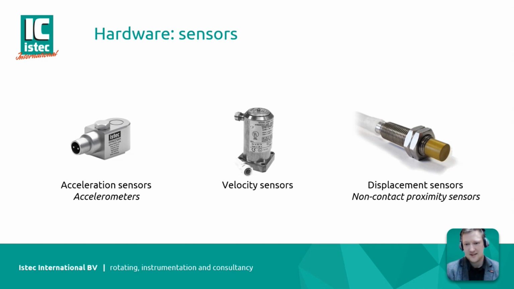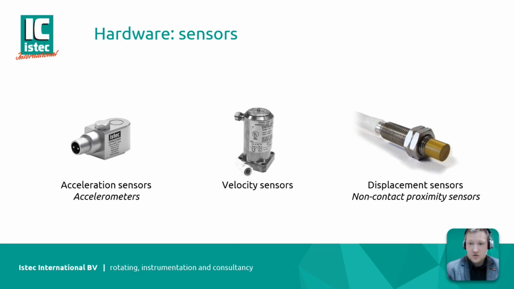Because they have a lower sensitivity to vibrations in the higher frequencies than accelerometers, they're also less susceptible to overload, which can happen when the wrong accelerometer is selected for a certain application. So with the velocity sensor, that is less of a risk.